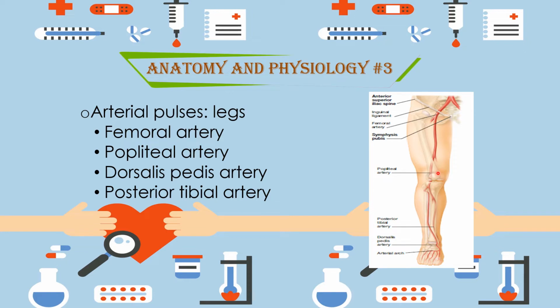This popliteal artery divides into two arteries perfusing the lower leg and the foot, namely the dorsalis pedis artery on the dorsum of the foot just lateral to the extensor tendon of the big toe, and the posterior tibial artery behind the medial malleolus of the ankle.